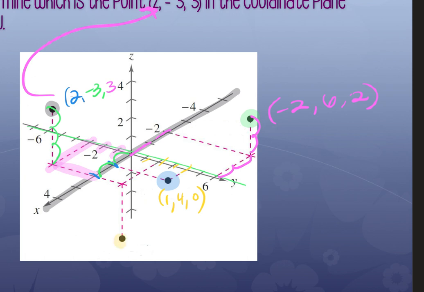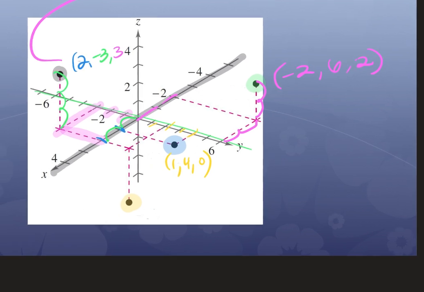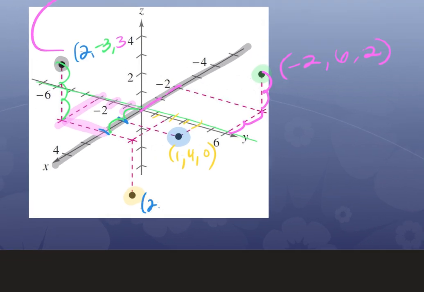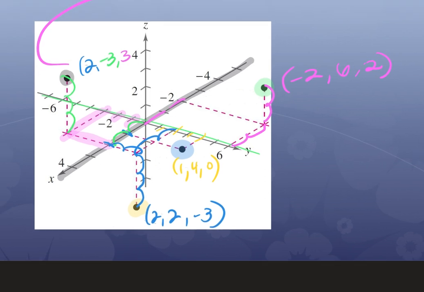And then this last point, the x is 2, the y is 2. So if I'm saying this distance is 2, this would be about 1, 2, 3. So it's -3. If I was to compare them, this should be about the same as this distance. It's just going the other direction.